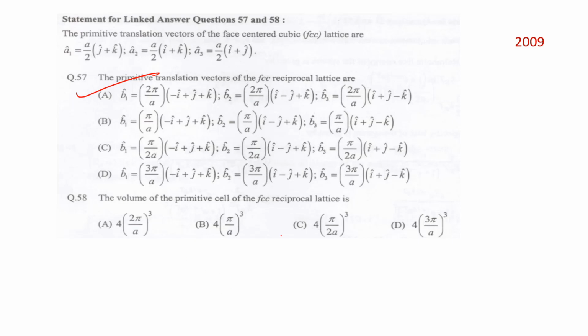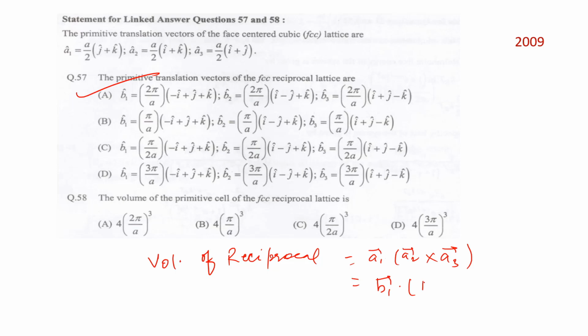Now we know the translation vectors for the FCC reciprocal lattice. Now to find the volume of this primitive unit cell, there are two ways. First, as I told you, A1 dot A2 cross A3 is the volume of the direct lattice, so B1 dot B2 cross B3 will be the volume of the reciprocal lattice.